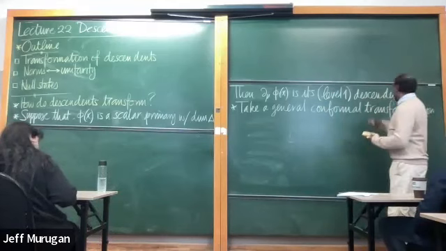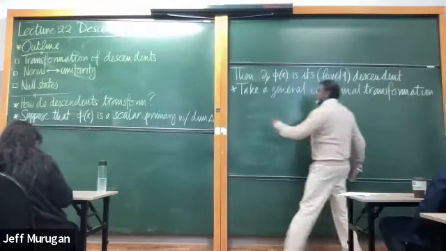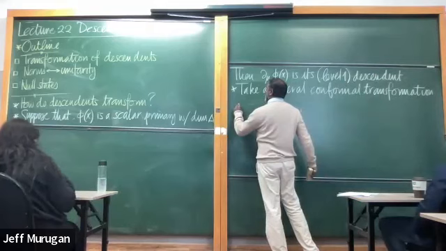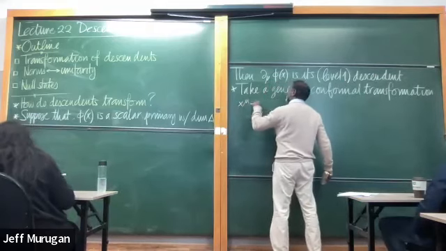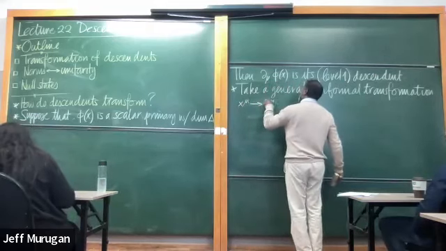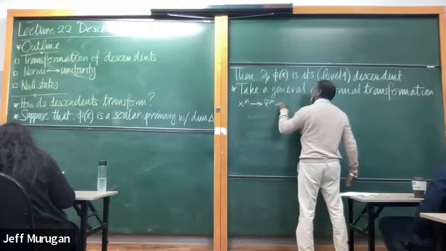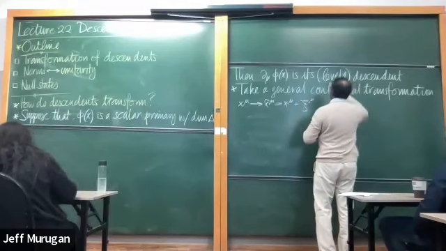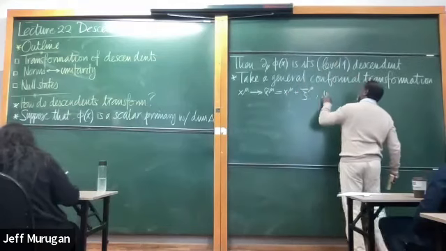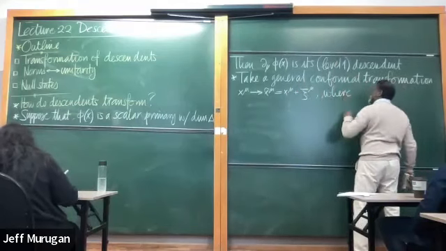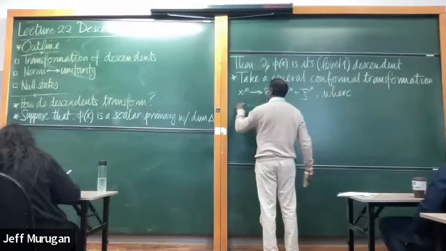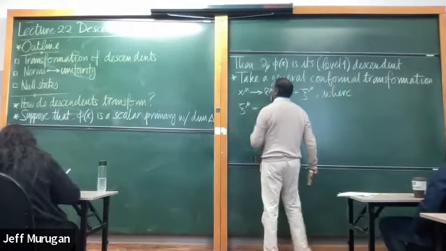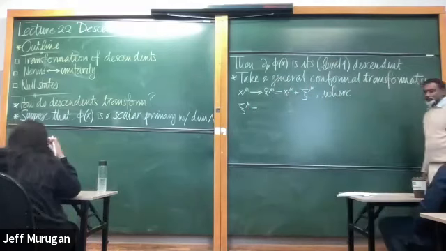So we'll take the general conformal transformation x mu going to x mu tilde equal to x mu plus psi mu, where psi mu is a conformal Killing vector.